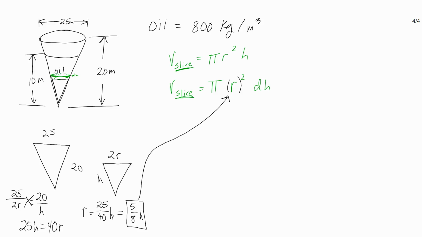So the volume of the slice is equal to pi times 5/8 H quantity squared dH. And now everything is in terms of what?